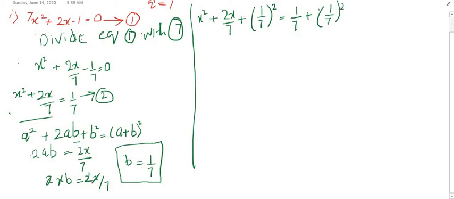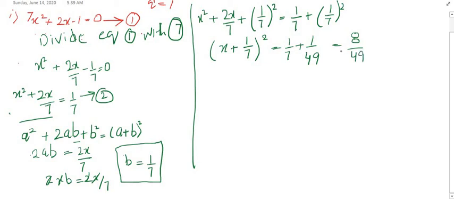Just add the b square on both sides of equation 2. Now this is the formula a square plus 2ab plus b square. We can write it as x plus 1 over 7 whole square equals to 1 by 7 plus 1 by 49. Take LCM. You will get 8 by 49. Clear?